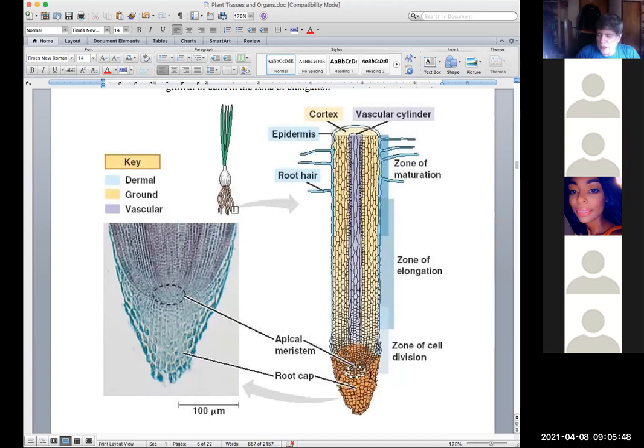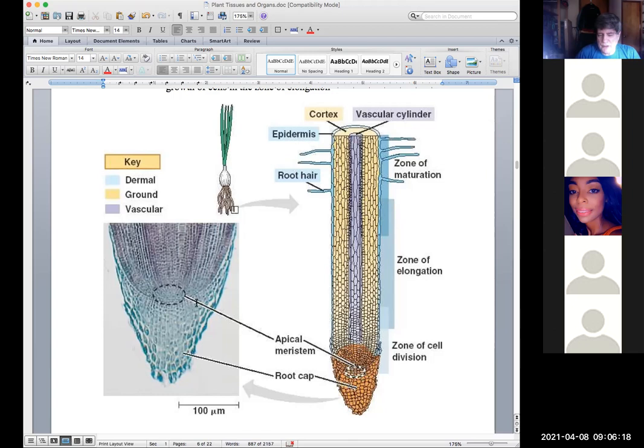The other daughter cell, because remember, mitosis makes two daughter cells, they're genetically identical, either gets pushed downward into this thing called the root cap, or it gets pushed upwards into this thing called the zone of cell division. So sometimes when these cells in the apical meristem divide, they make another cell in the zone of cell division. Sometimes they make another cell in the root cap.